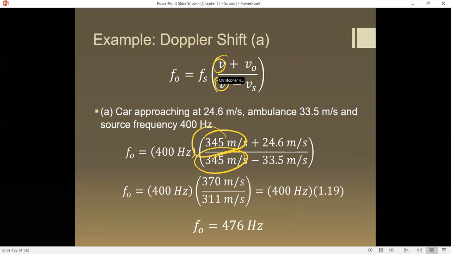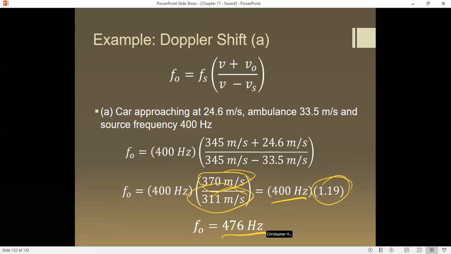Those go there. I put my observer speed in. My ambulance is going a little bit faster. And just do the math. 370 over 311. I get a ratio of 1.19. I multiply that by the original frequency. And as expected, the two are moving toward one another, I expect a higher frequency, a Doppler shift up in frequency.